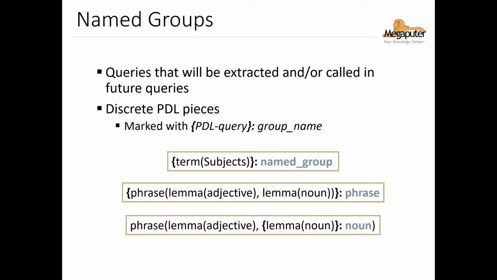We want to look for nouns that are preceded by adjectives. We don't care about the adjective itself, we just want that noun. We'll only put the curly brackets around the lemma noun part and call that the noun named group. So the named group doesn't need to be over the entirety of our PDL. It can be over a piece of the PDL.